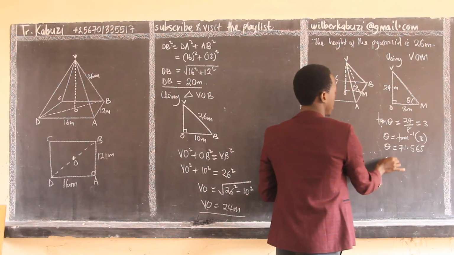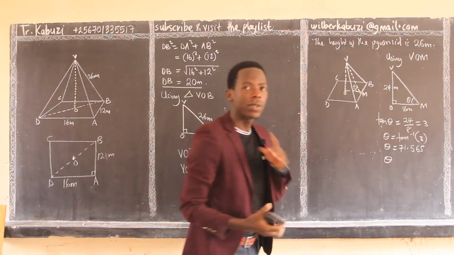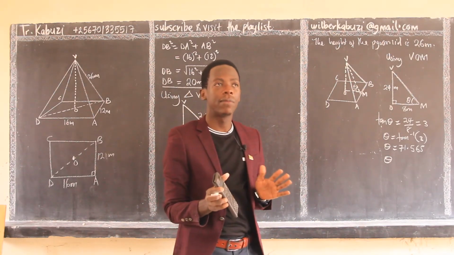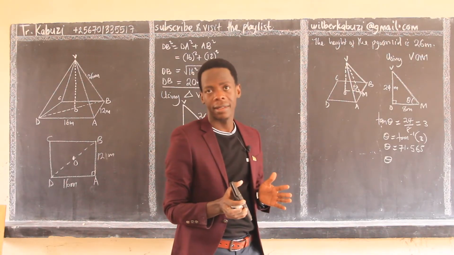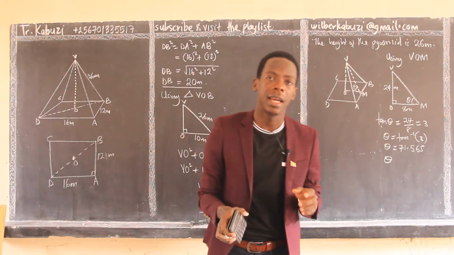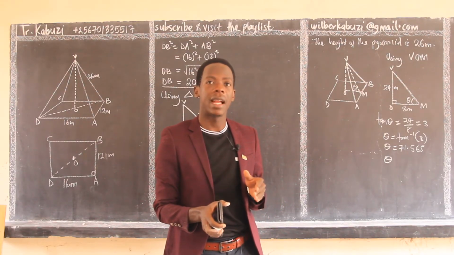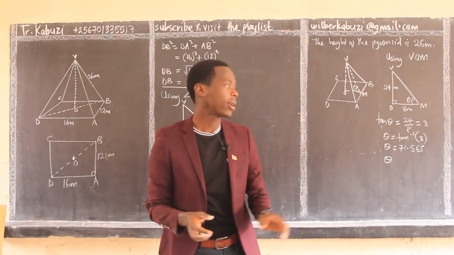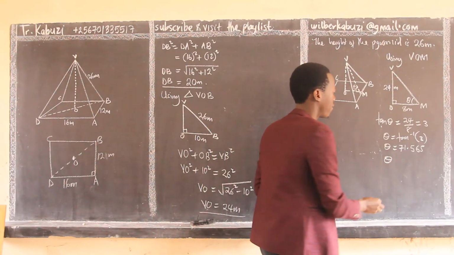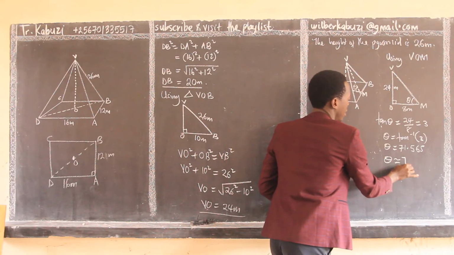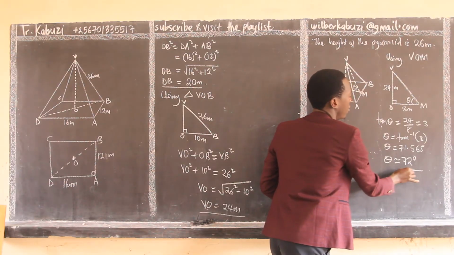But we said in angles we don't give any decimal place, because when you go to your protractor you can't read the decimal point, so you give the nearest angle. We round off to 72 degrees.